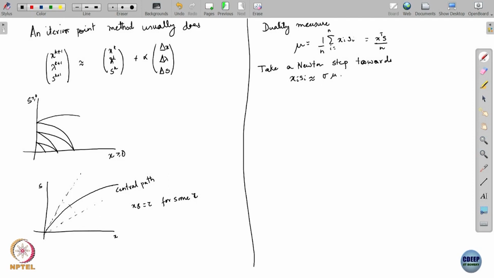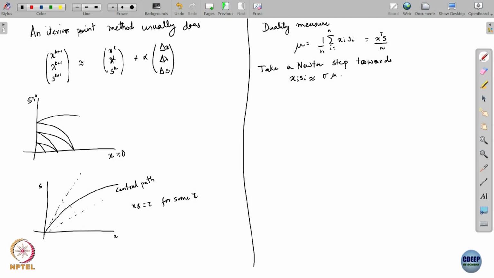The duality measure is an average of these xi si's. So, it is trying to make sure that all of them are within roughly a multiple sigma of the average, all right.